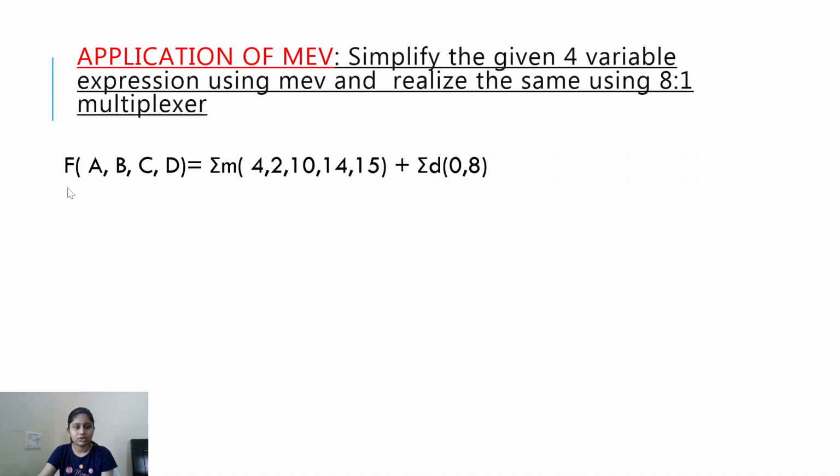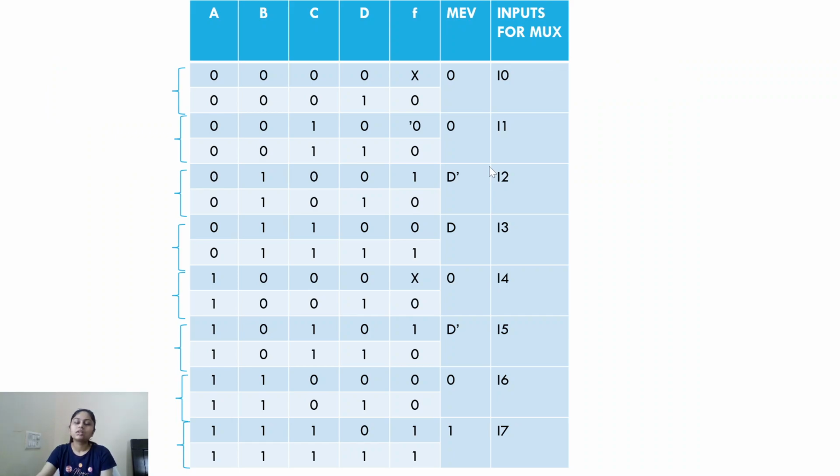So we have the question f of a, b, c, d is equal to summation of minterms 4, 2, 10, 14, 15 plus the don't care terms 0 and 8. As we have seen in the previous problems, our first step is to construct a truth table.